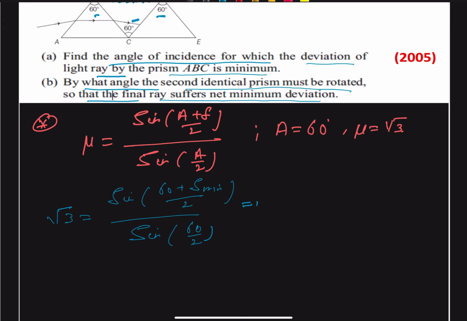If we solve this, we get that our delta minimum will be equal to 60 degree. So for minimum deviation, the angle of incidence should be 60 degree.